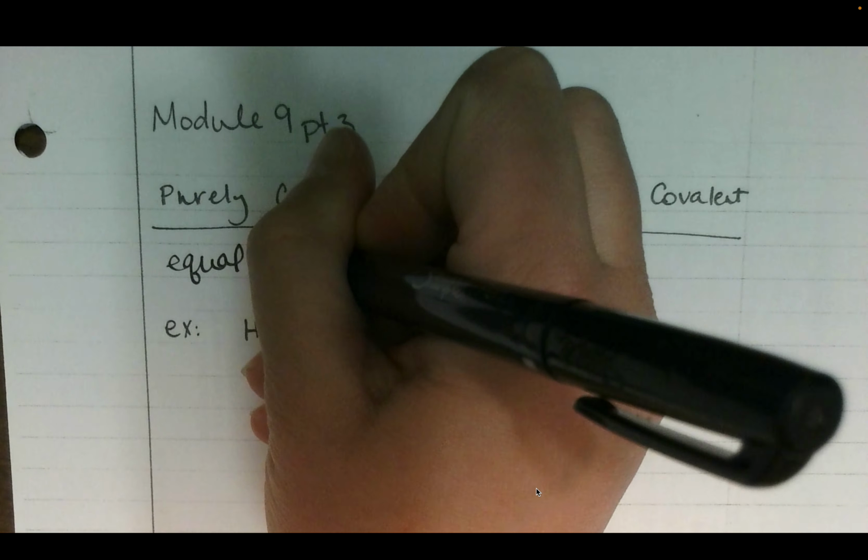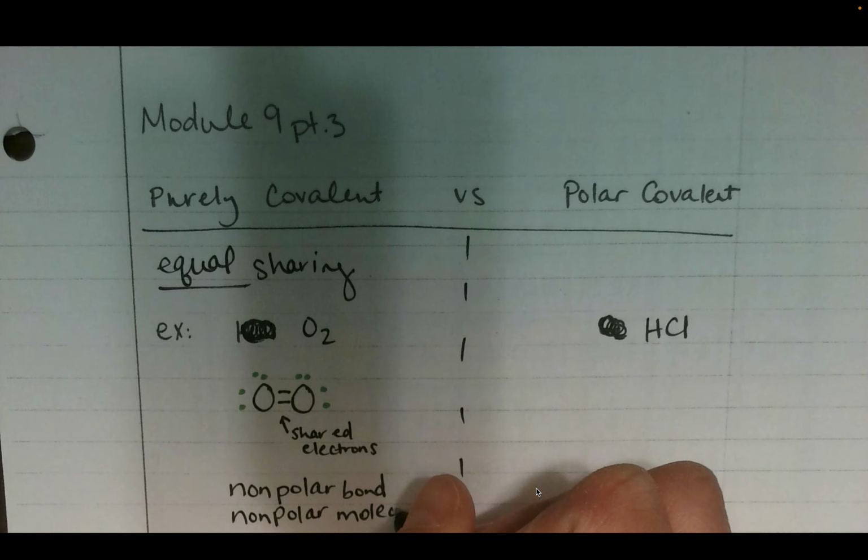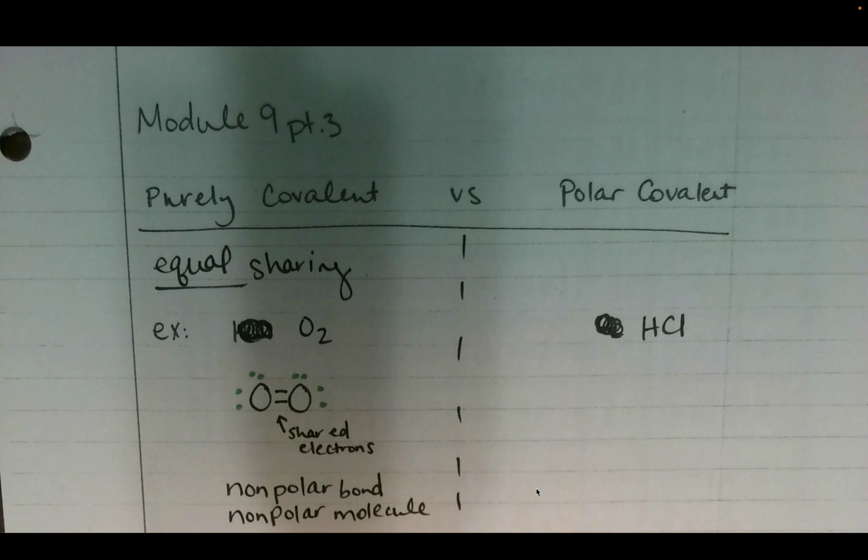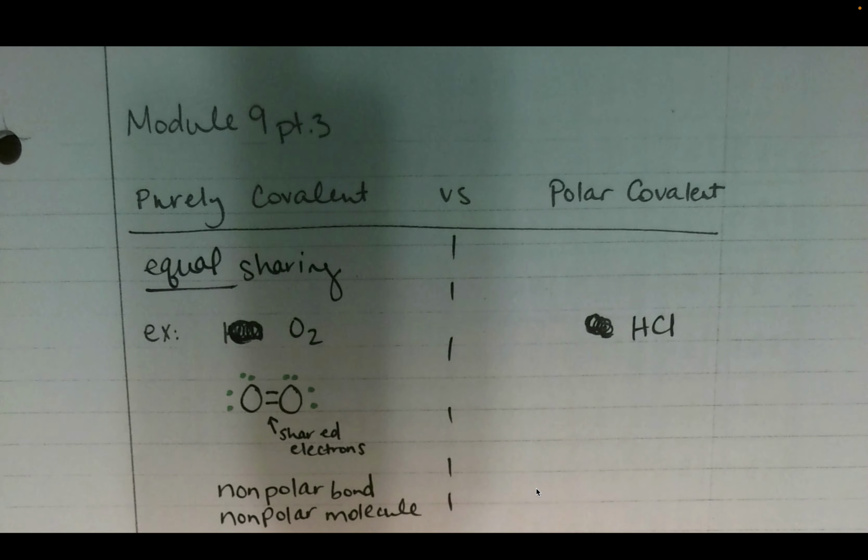And because oxygen is bonded to itself, they have the same electronegativity, the same pull, the same attraction for electrons. Because of that, I have a nonpolar bond and a nonpolar molecule. The electrons are equally shared between the oxygens.